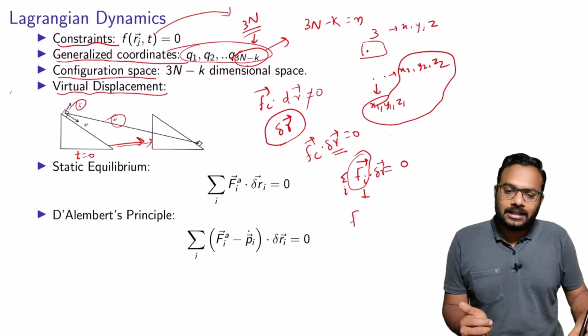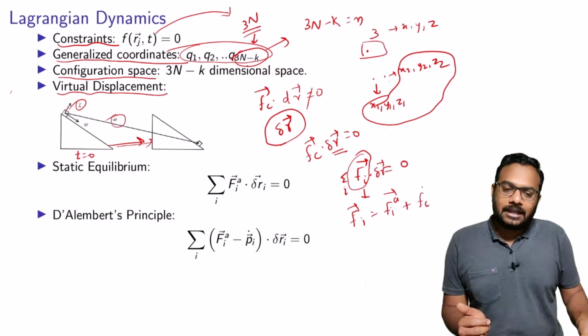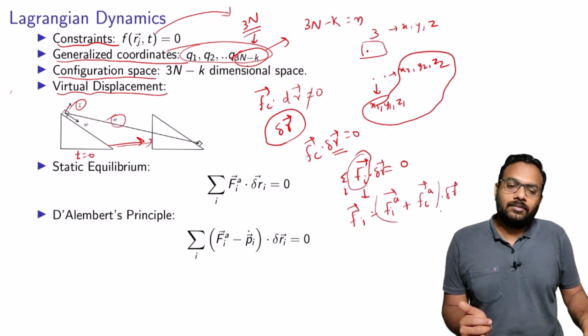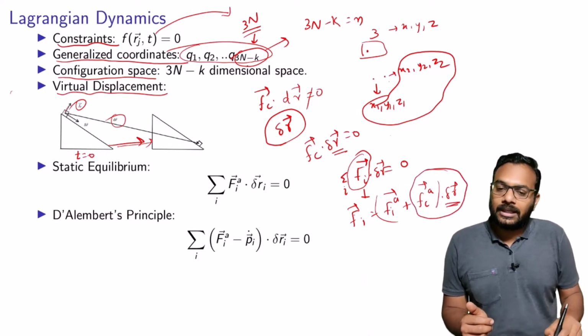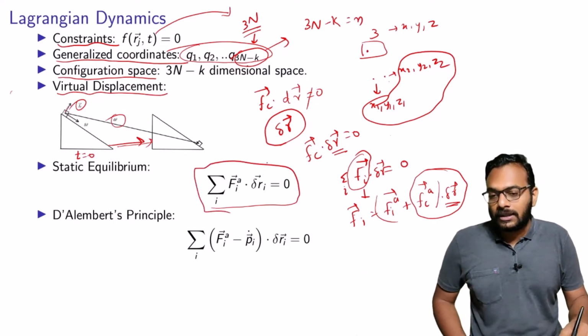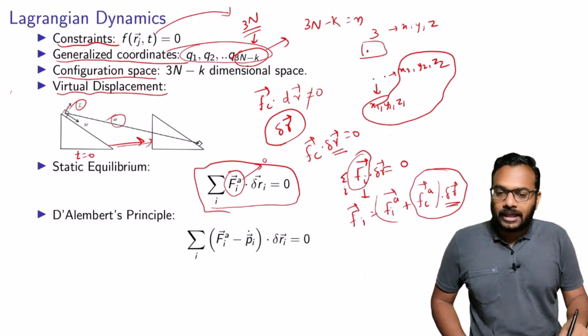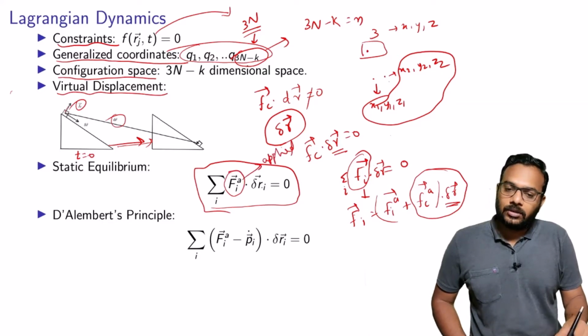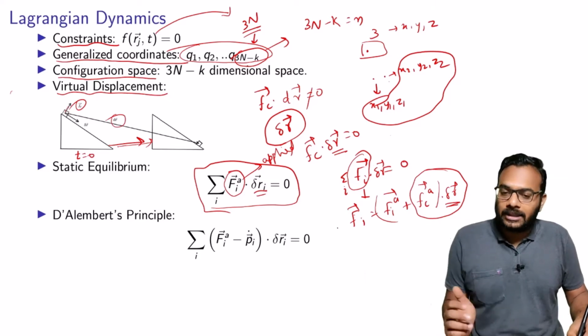So we can write F vector as the applied force plus the constraint force. When we take the dot product with the virtual displacement delta r, by definition the constraint part becomes 0, and we can write equilibrium in this form. Be careful: the summation over Fi^a, where a means applied, alone is not 0, because all these delta ri are not independent now.